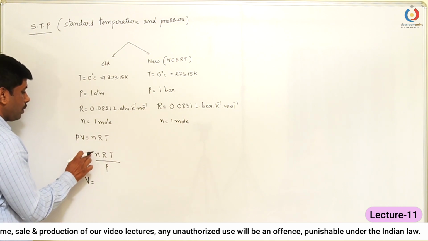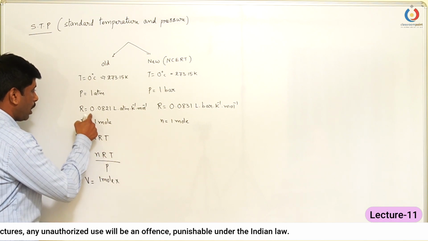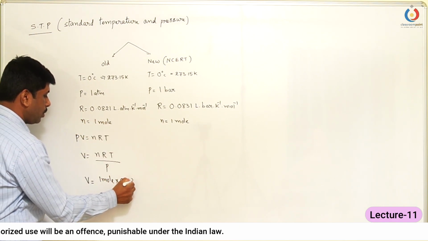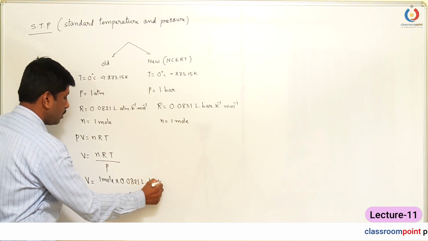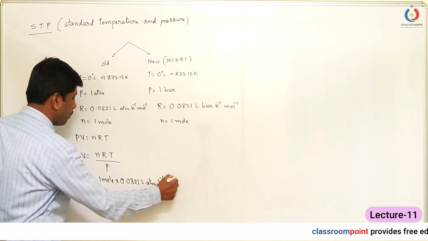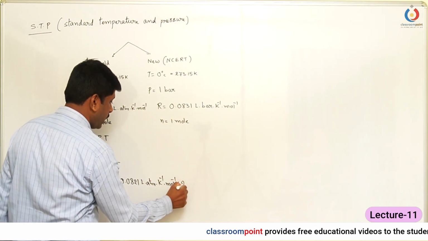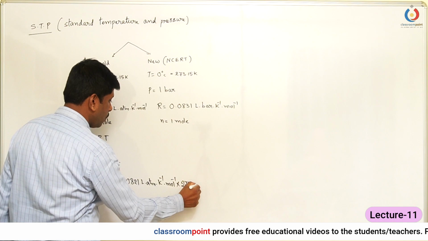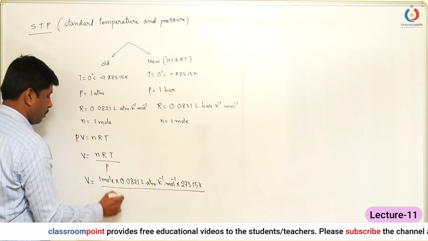So V equals n, 1 mole, R value 0.0821 liter atmosphere per Kelvin per mole, into temperature 273.15 kelvins, upon pressure 1 atmosphere.